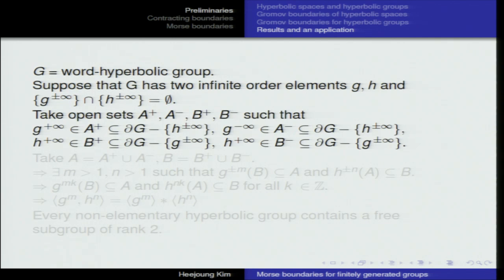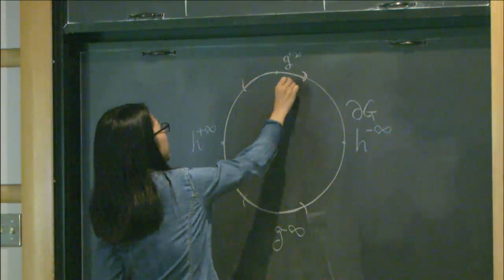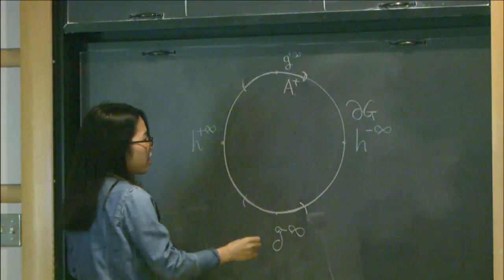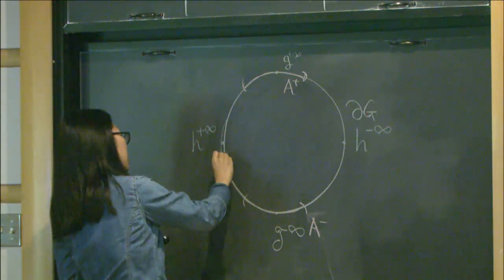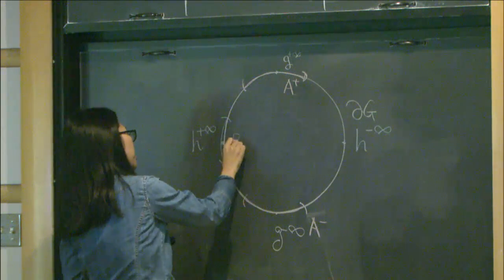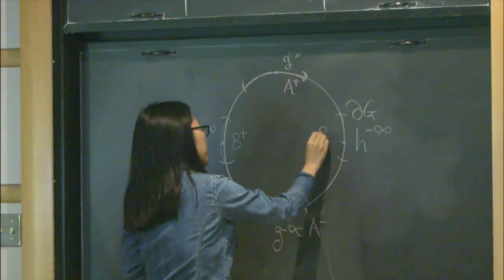And take open sets A plus, A minus, B plus, and B minus. So here is my A plus, here is my A minus, here is my B plus, and here is my B minus.